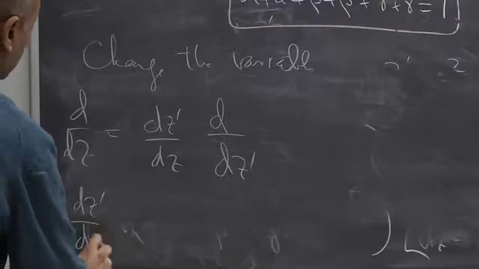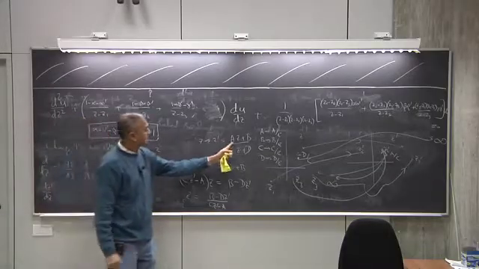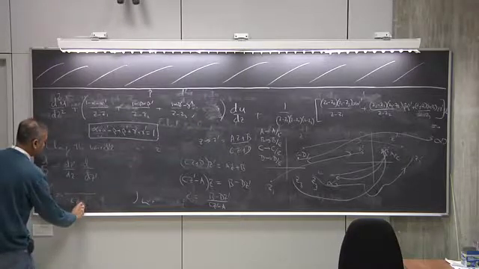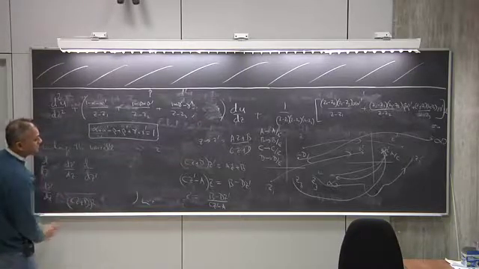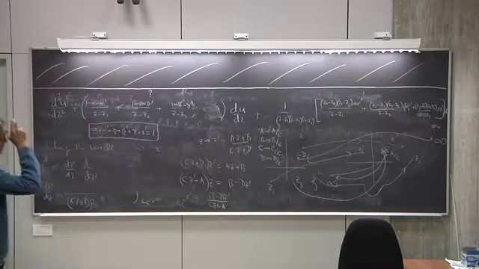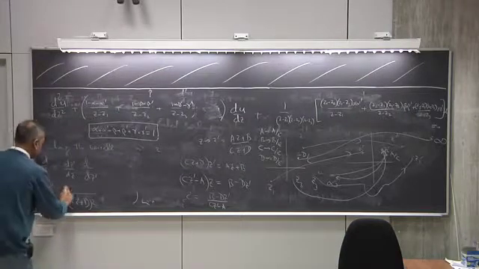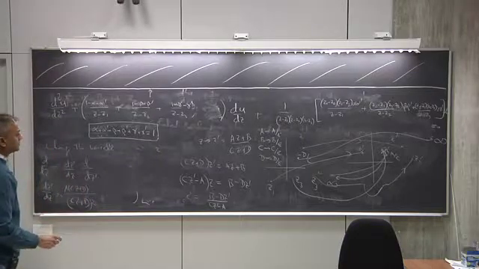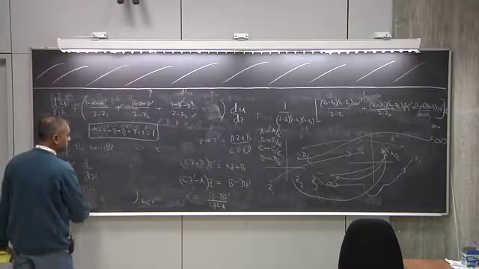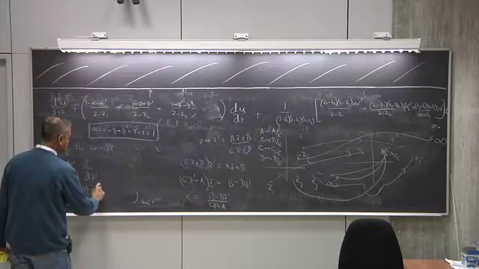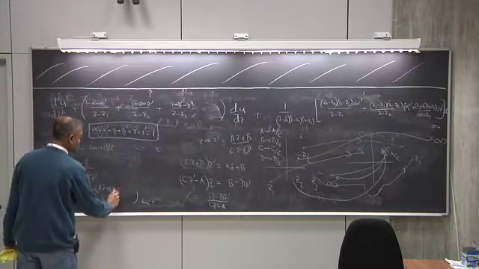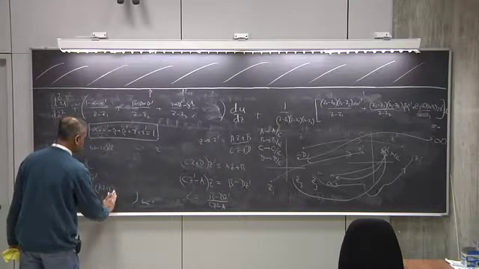This is equal to cz plus d squared in the denominator, and in the numerator you get a times cz plus d minus az plus b times c.